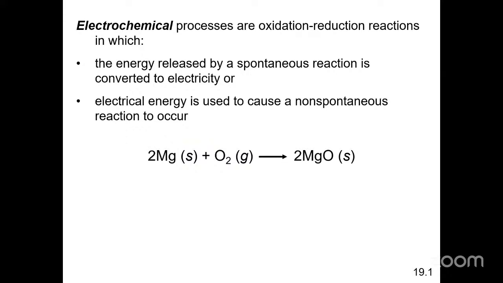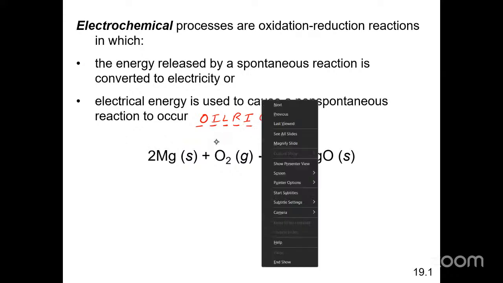In Chem 1, I introduced my students to this memory tool, OIL RIG: Oxidation Is Loss of electrons, Reduction Is Gain of electrons. That's what redox is all about.